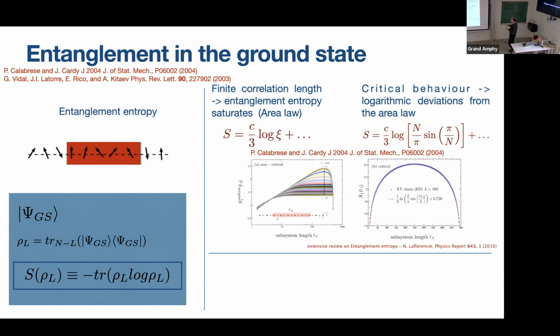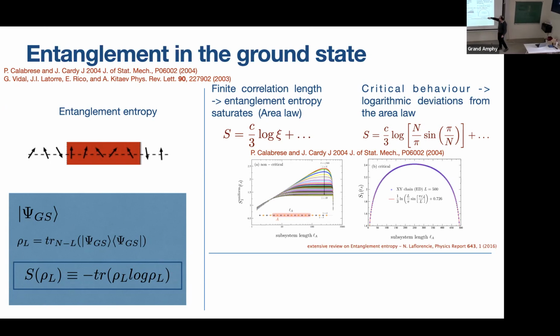Now, this is just a plot I took from this recent review by Laflorencie in Physics Reports, which extensively describes all the progress that has been made on the study of entanglement entropy in condensed matter systems.